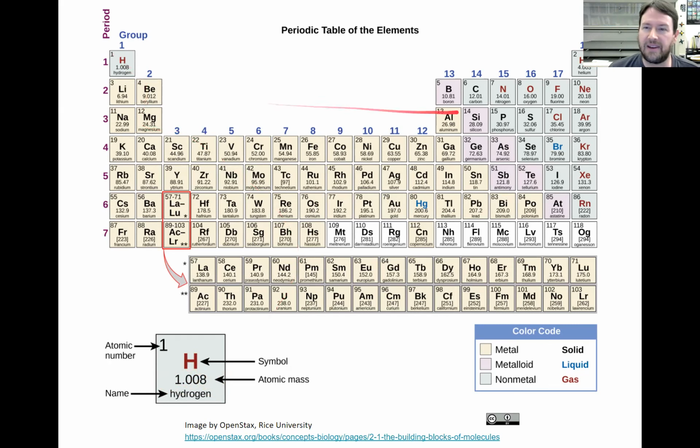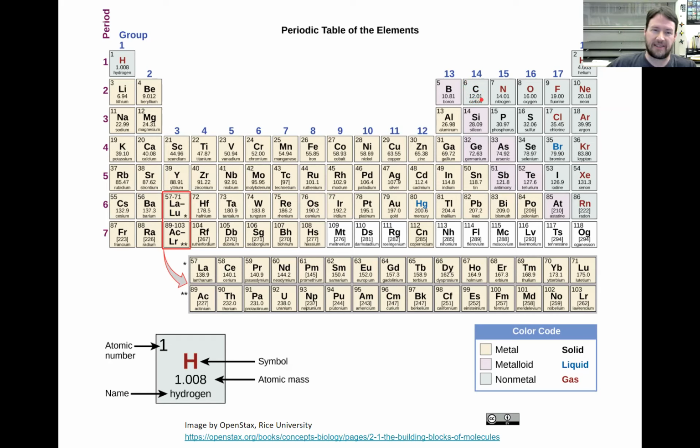And so you can look at this periodic table. You can see carbon here, its mass number is 12.01. So your average carbon atom has 6 protons because that's its atomic number, and there's usually 6 neutrons because that average mass number is 12, right?